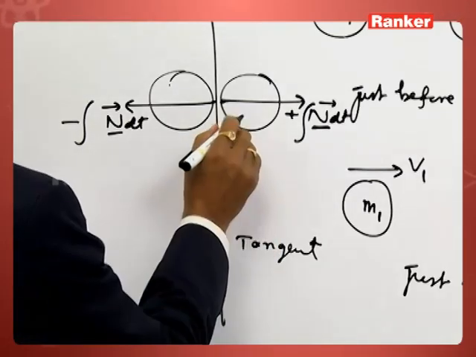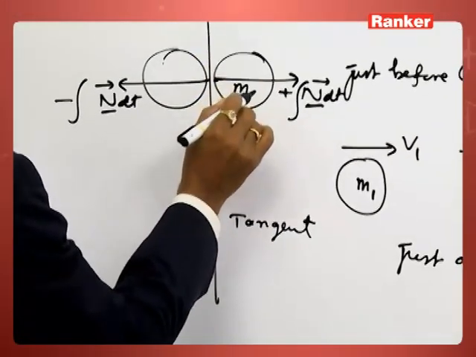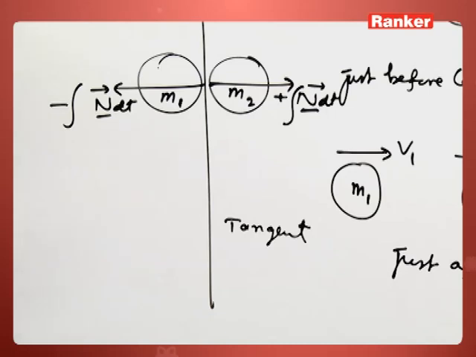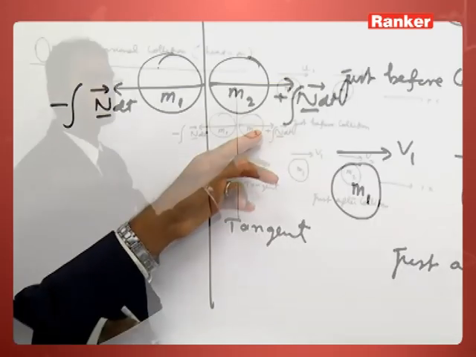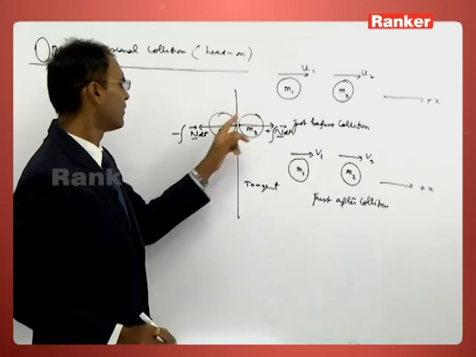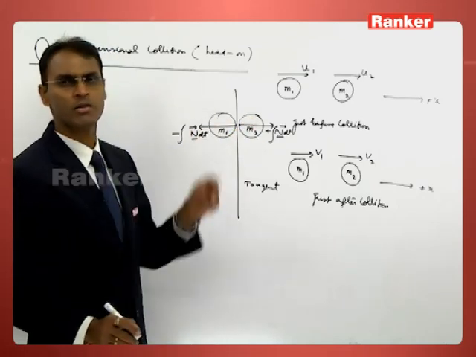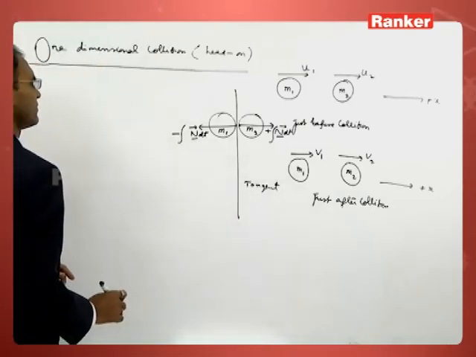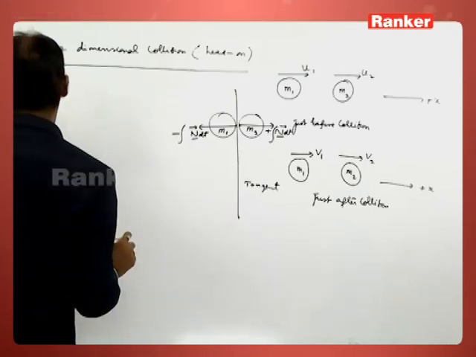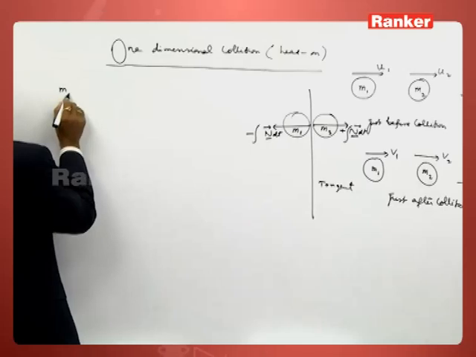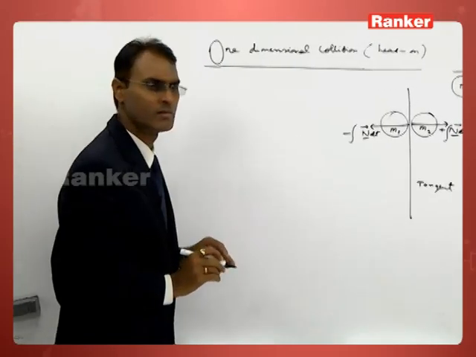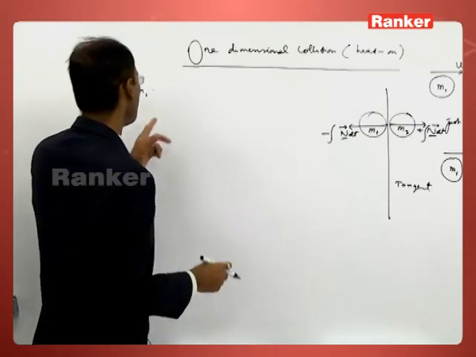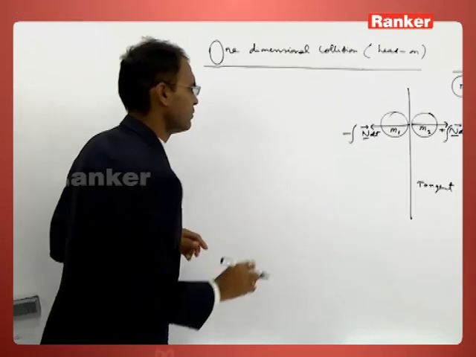Due to this impulse acting on m1 and m2, this impulse is equal to the change in momentum of this body. This is the impulse momentum equation. If you write the impulse momentum equation on block 1, that's none other than Newton's second law in integral form, which I told you in the last classes.